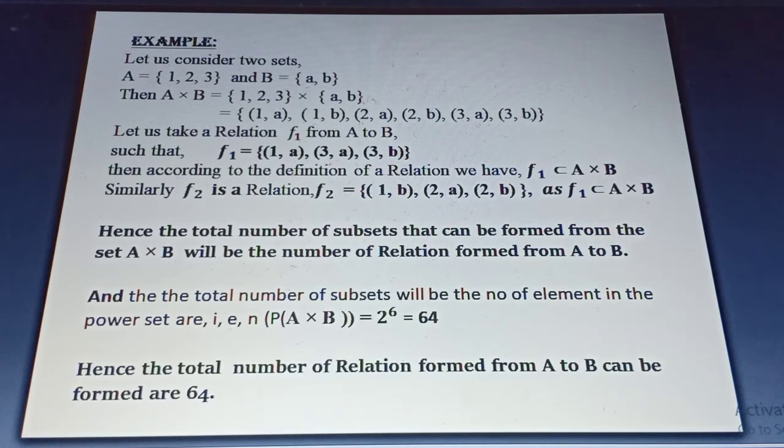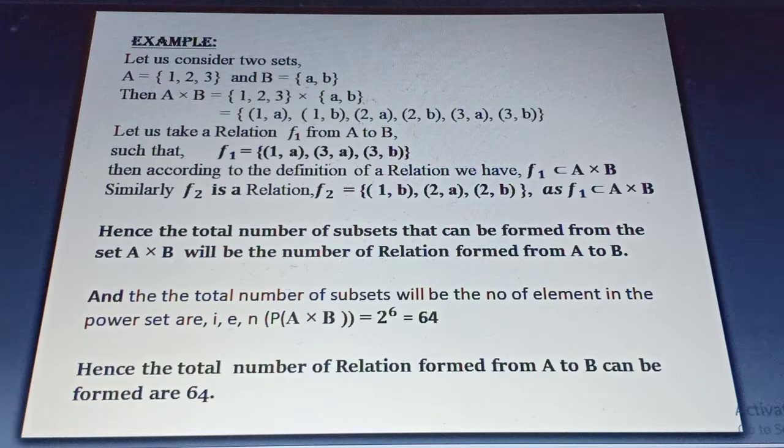Similarly we can form many relations from the set A to B. And the number of relations will be the same as the number of subsets formed from the set A cross B, and we know that this is nothing but the power set.